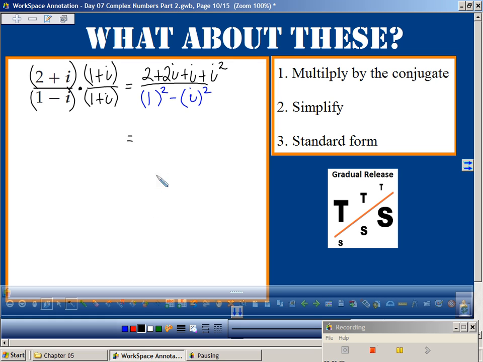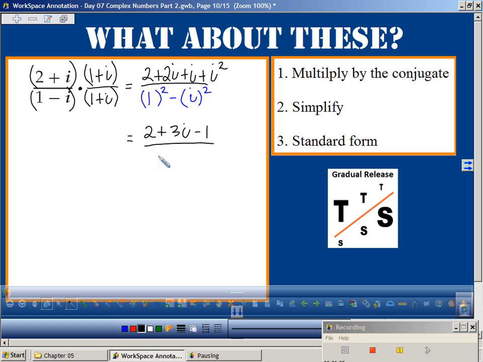Here's where the magic happens. Gather everybody up, okay? I've got a 2 and nothing else, that's just 2. I've got a 2I and another I, which is 3 I's, and I have an I squared. But what is I squared? Negative 1.